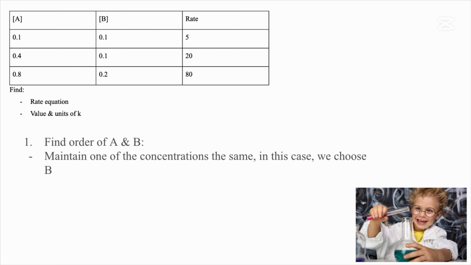Well, first, we need to determine the orders of all of the substances before we do anything else. The way we do that is we maintain one of the concentrations the same. And in this case, as you can see, there are two 0.1 moles per dm cubed for substance B. So therefore, we choose to keep substance B the same while we find the order for A.